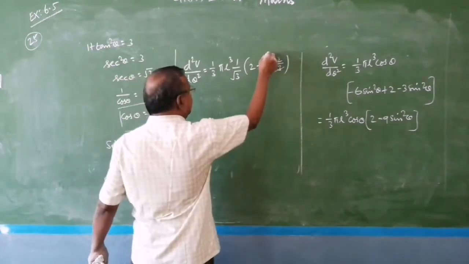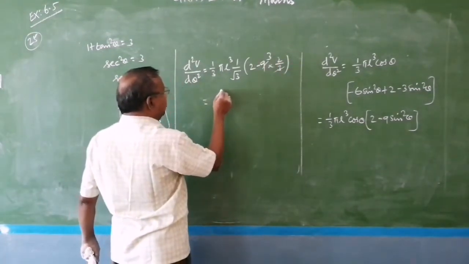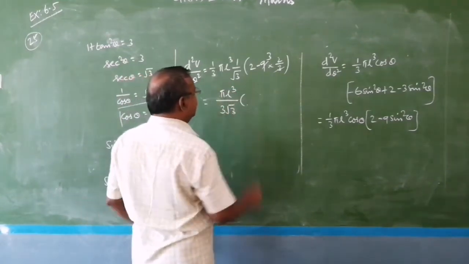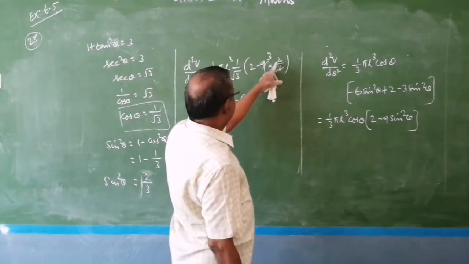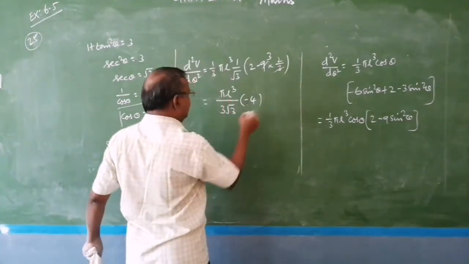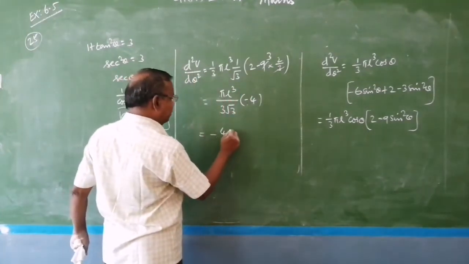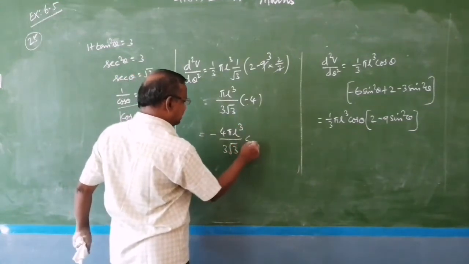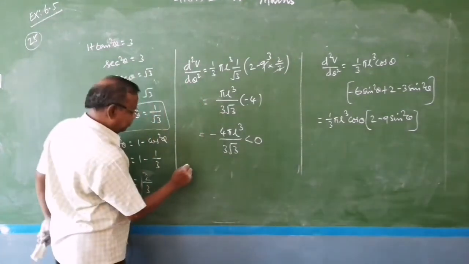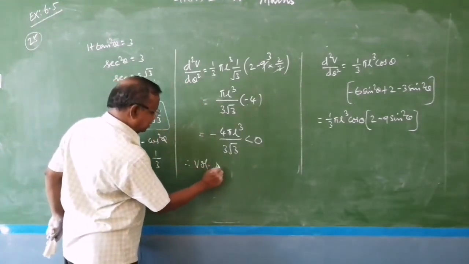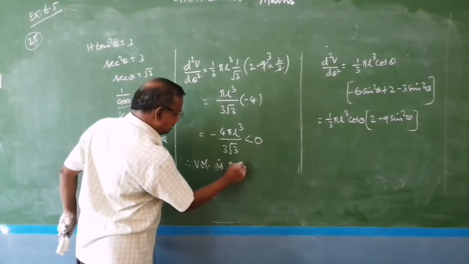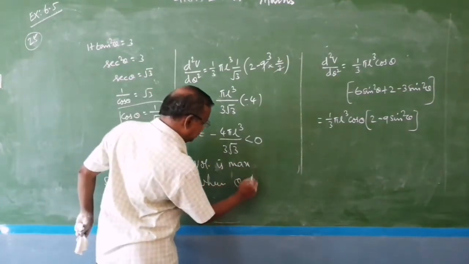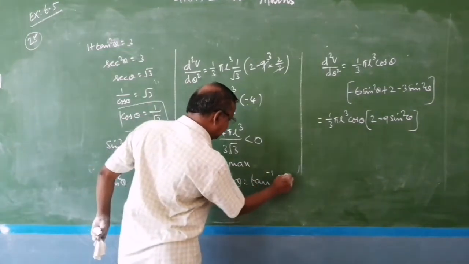So it is pi L cube by 3 root 3 into 2 minus 6, that is minus 4. So minus 4 pi L cube by 3 root 3 is a negative quantity. Therefore the volume is maximum when theta equals tan inverse of root 2.